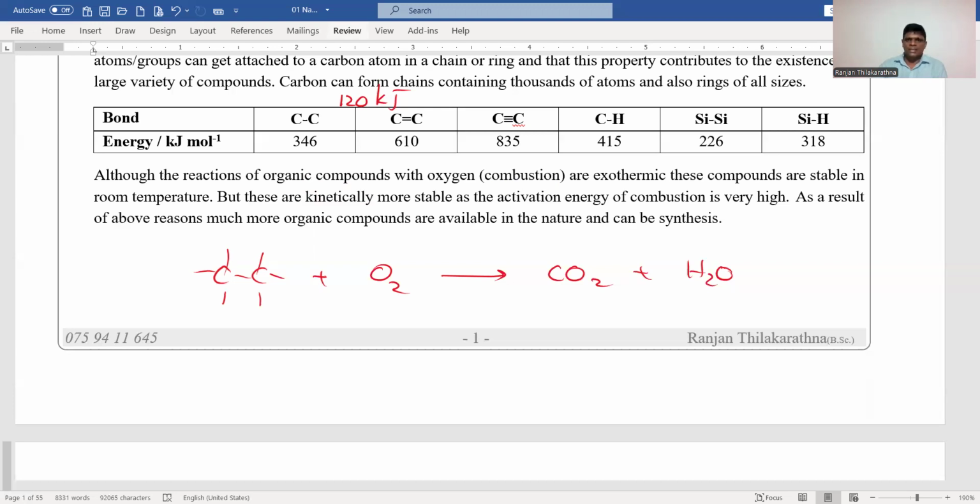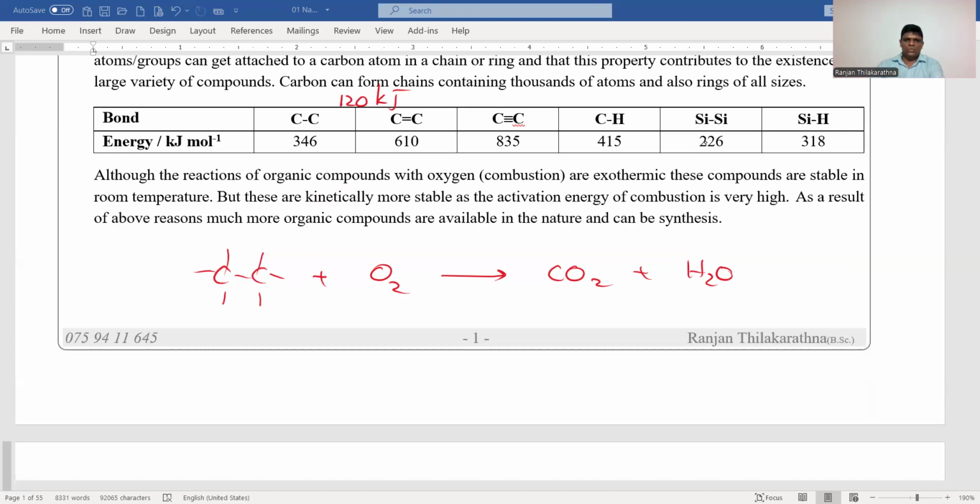If something releases energy, it is not thermodynamically stable. If something is thermodynamically stable, then it releases a lesser amount of energy during reactions with other elements, or even in combustion. So these organic compounds normally liberate a huge amount of energy.